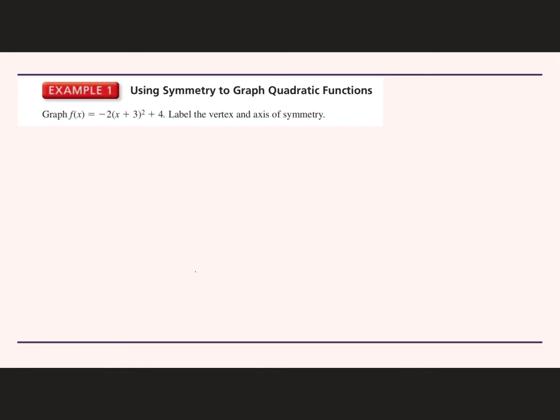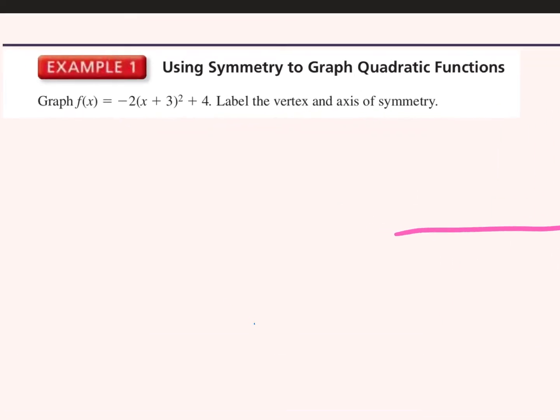All right, so example 1 says using symmetry to graph quadratic functions. It asks us to graph and label the vertex and axis of symmetry. So I'm going to draw my graph here. The first thing we want to find for our graph is the vertex, and then we can easily identify our axis of symmetry.